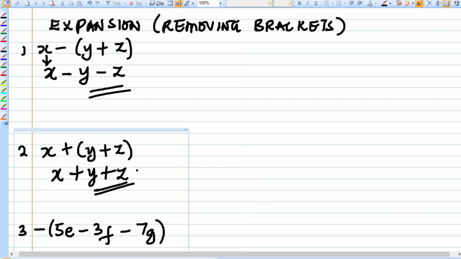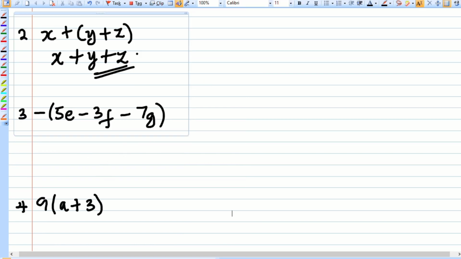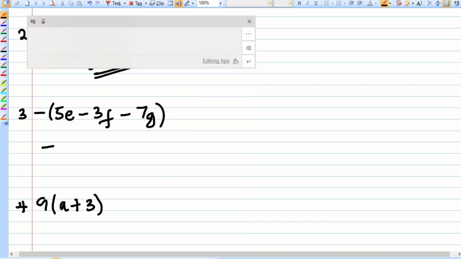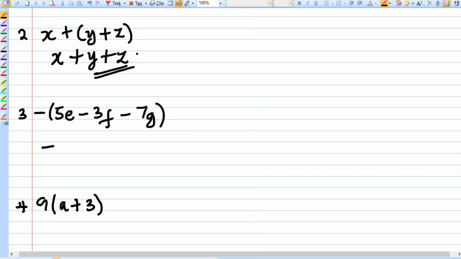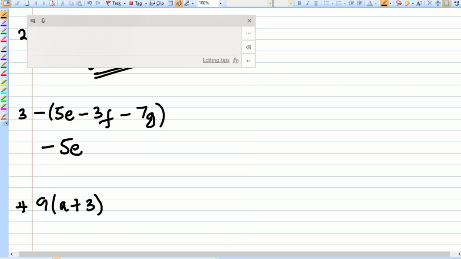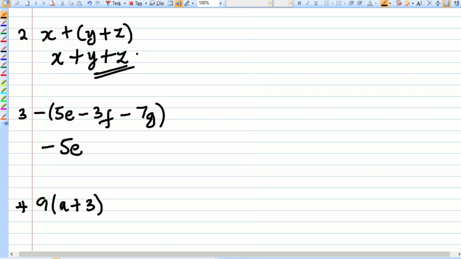Let's look at number 3 there. So we have minus bracket. So you see a negative sign is before the bracket. So we're going to write everything and change the signs in the bracket. So we have minus 5e, right? So this minus is going to change to plus.